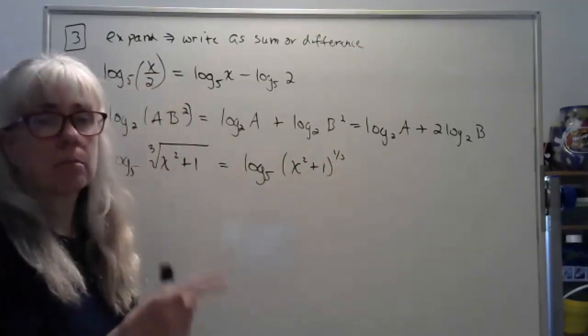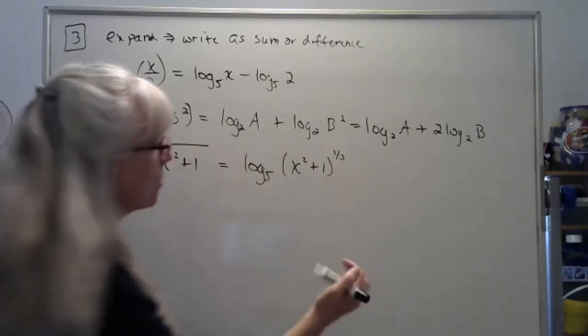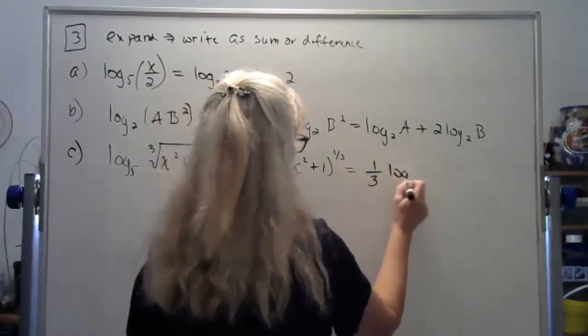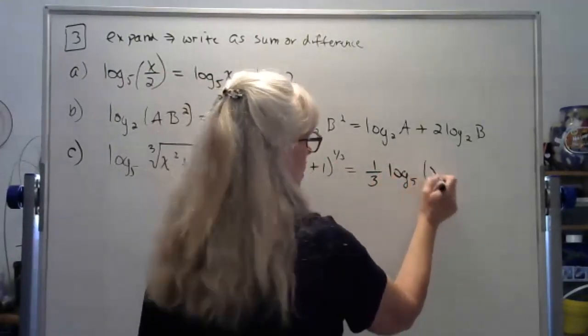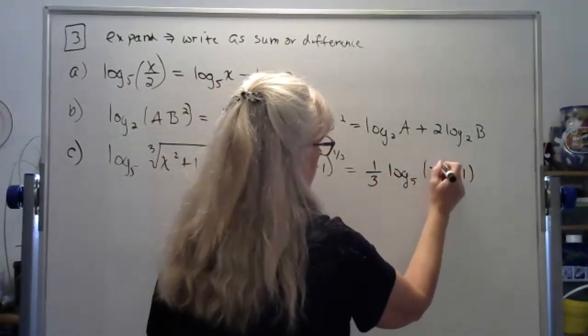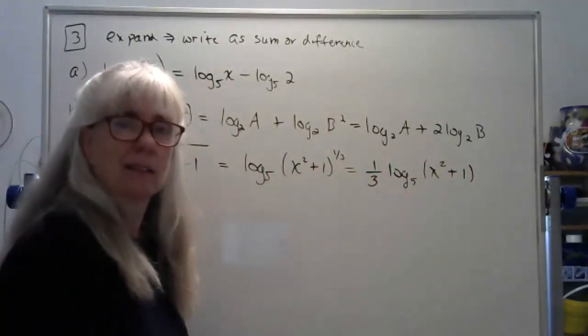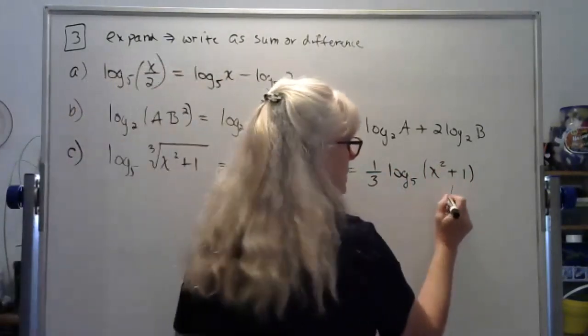And we also know that because it's an exponent, we have a power property. So I can bring that 1/3 out in front as 1/3 log base 5 of the quantity x squared plus 1. Okay, and unfortunately, at this point, I'm done. And the reason I'm done is because I have an inside sign.